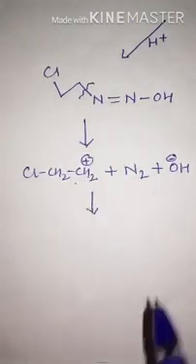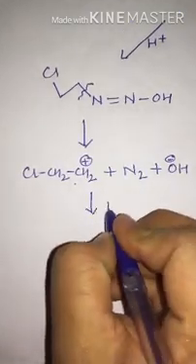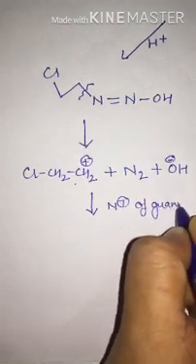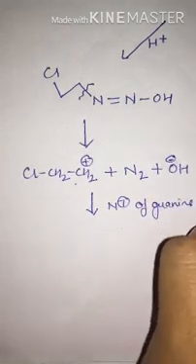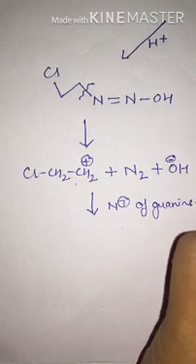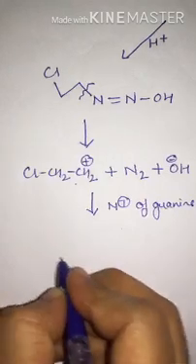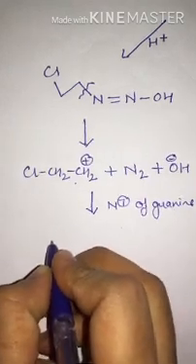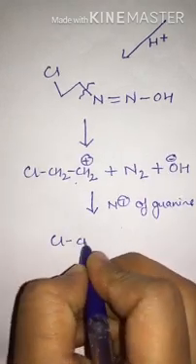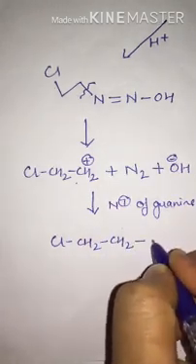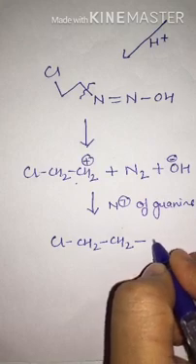Now it is ready to attack our N7 position of guanine in DNA. So we have the next structure, that is CH2. This way one of the strands of DNA is damaged.